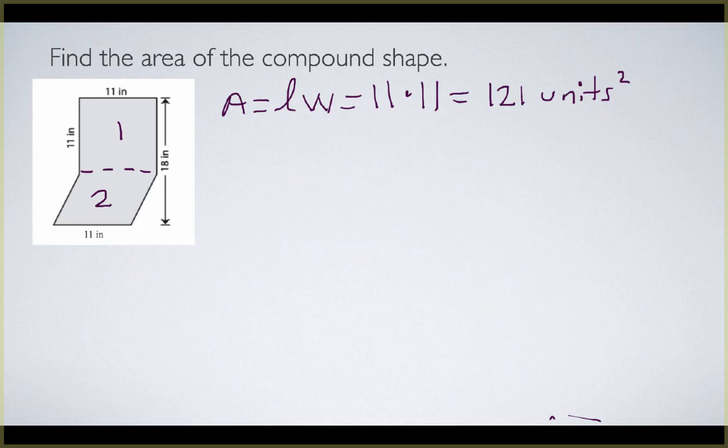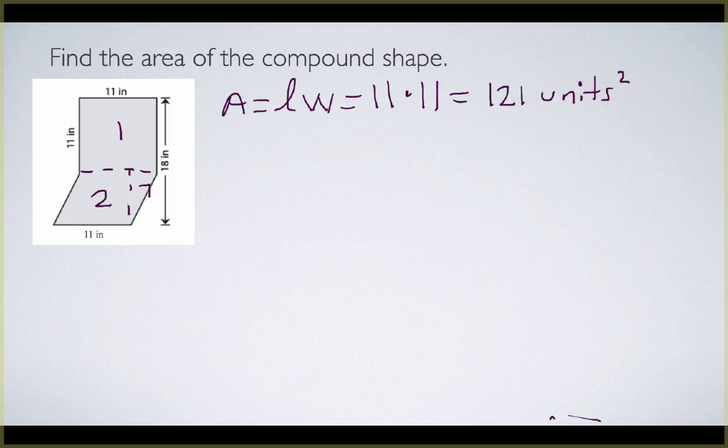When we find area 2, it's a parallelogram. I'm going to draw in the height here. We have 11 inches on the top here. The total height is 18, so the height of object 2 is 7 inches. We're going to use that 7 inches and the 11.